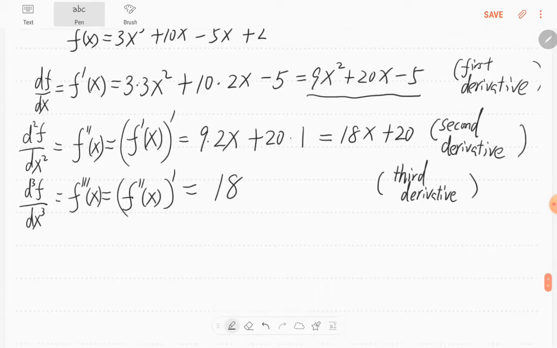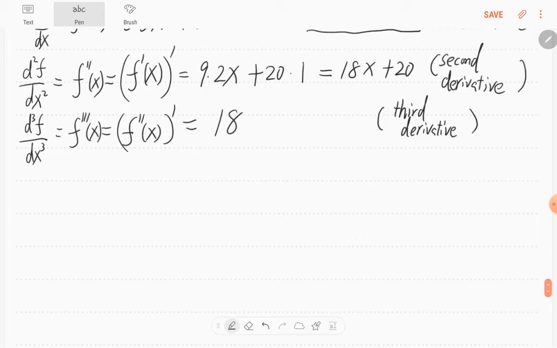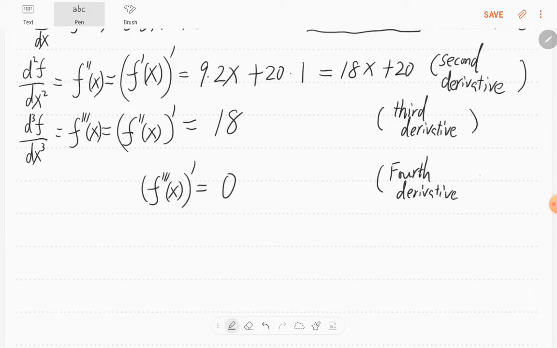Now let's continue to differentiate. We take the derivative of the third derivative, which is the derivative of 18, equal to 0. This is called the fourth derivative, which is the derivative of the third derivative.